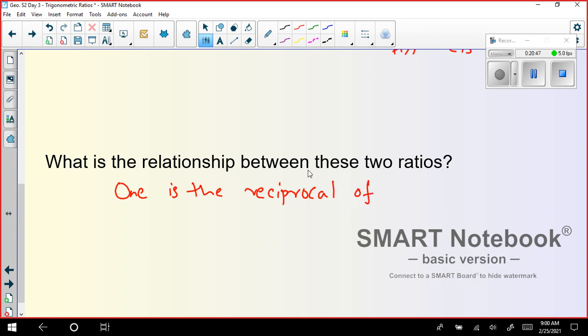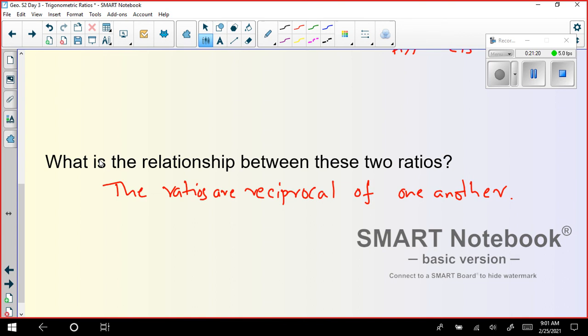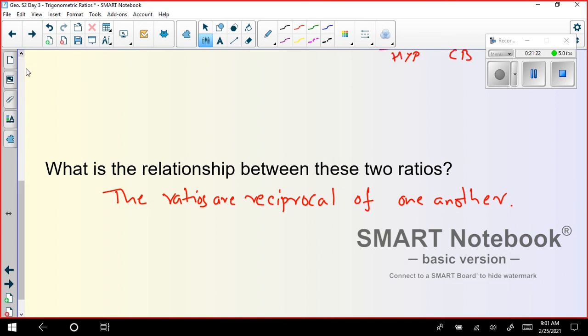The ratios are reciprocal of one another. I hope this is clear. Okay. Let's see the next slide.